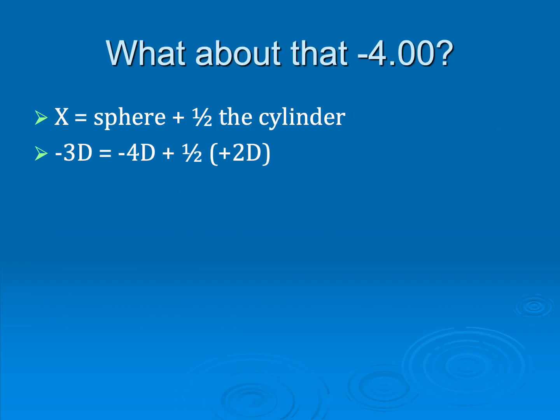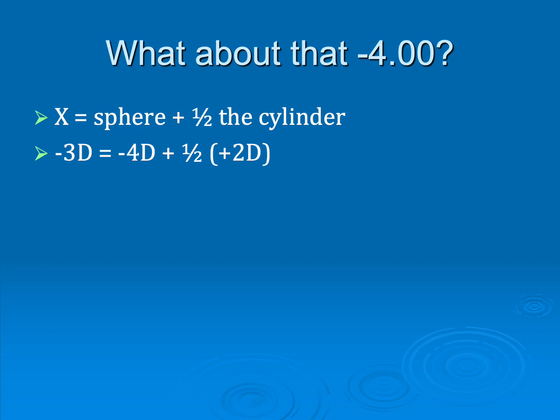So remember when we had to switch back from -3 to -4? What was up with that? That was because of something called spherical equivalent. And here's the formula for that. You take the sphere, you add 1/2 of the cylinder, and that gives you the spherical equivalent. The spherical equivalent for our patient to begin with was -3.